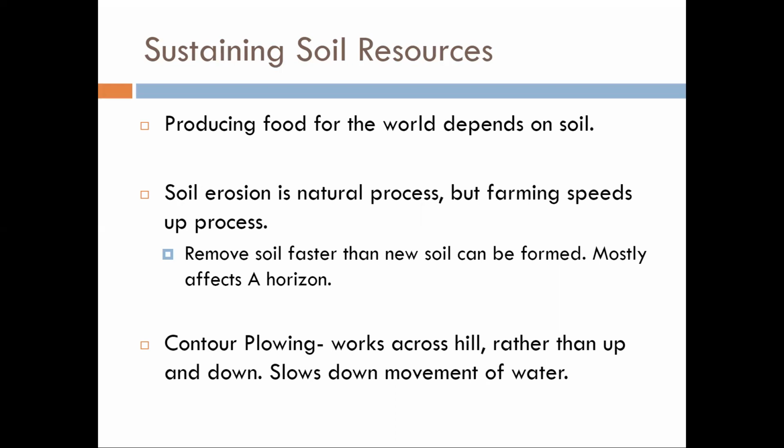This slows down the movement of water. I'll have a picture on the next slide to help you visualize that a little better. But again, this slows down the movement of water, which also slows down the soil erosion process.